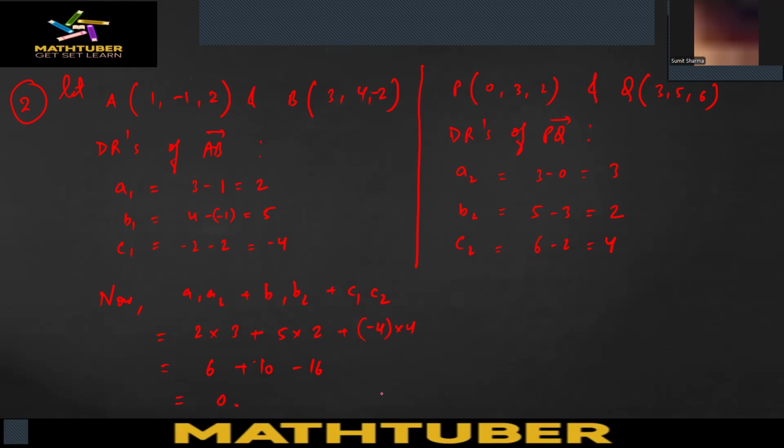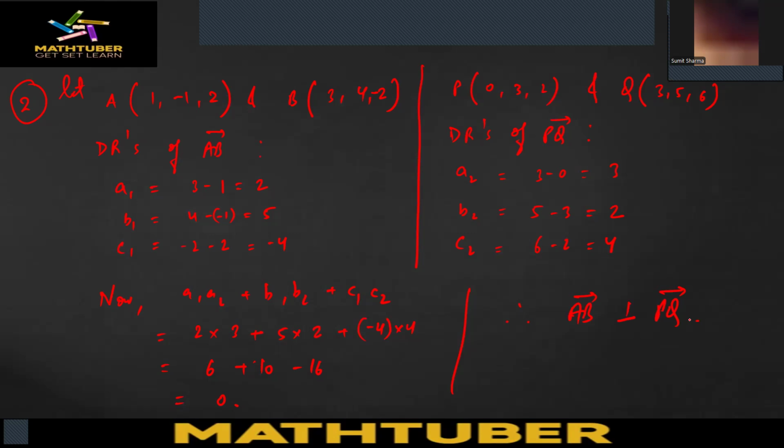Therefore, AB vector is perpendicular to PQ vector because the sum of the multiplication of the direction ratios, or you can say the dot product of both of them, is 0. So that's why they are perpendicular, right?